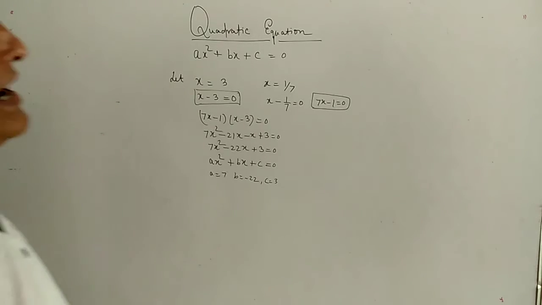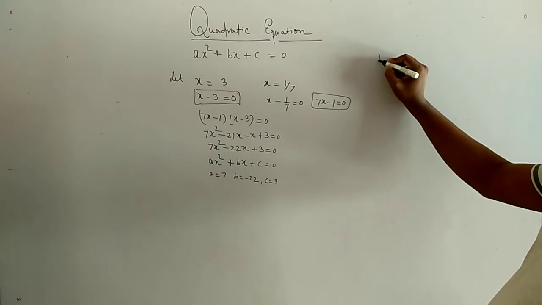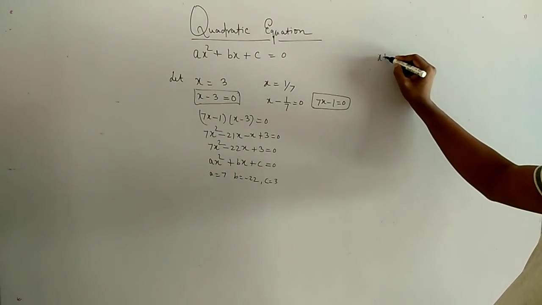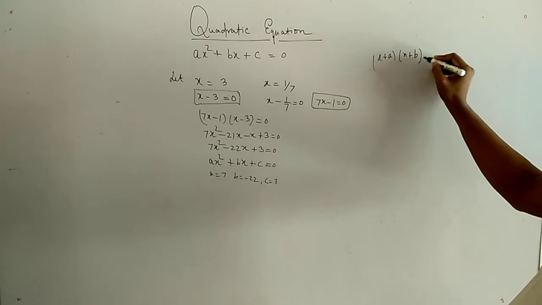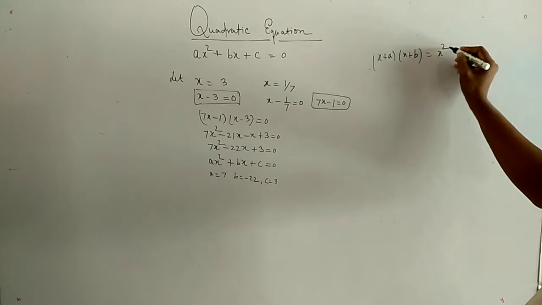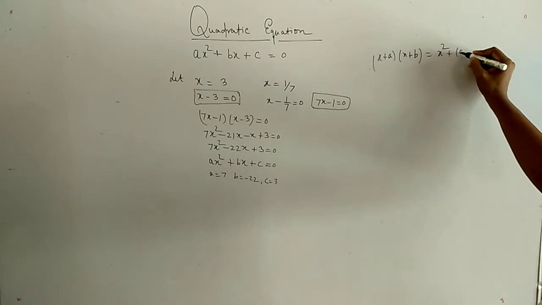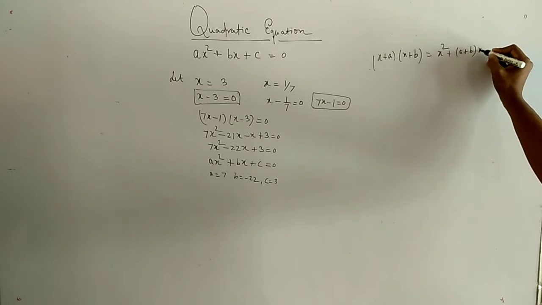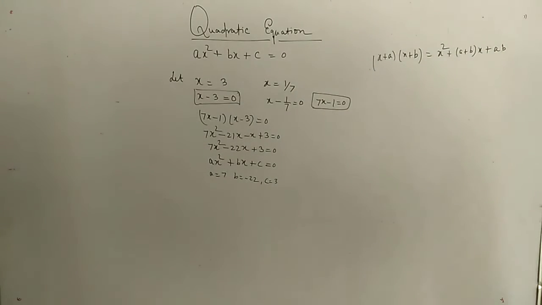Now you might have studied in class 8, 9 the basics: when you multiply the binomials x plus a and x plus b, you get x square plus ax plus bx plus ab, which you can write as x square plus (a plus b)x plus ab. This is also a quadratic expression.